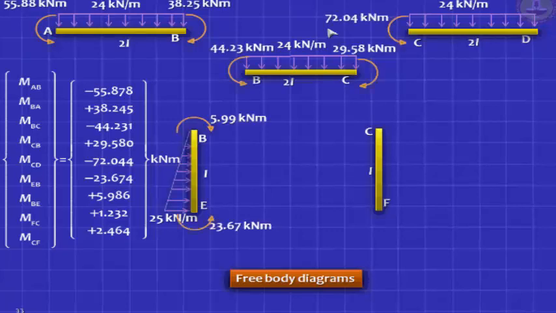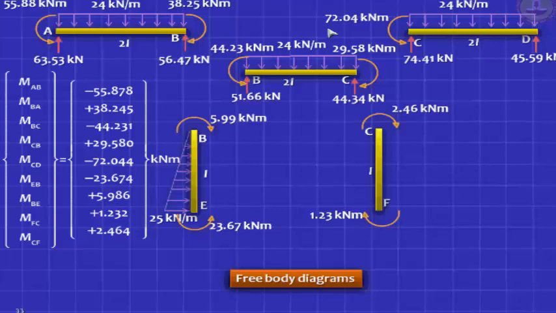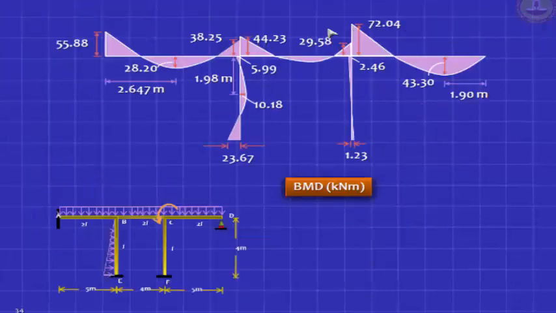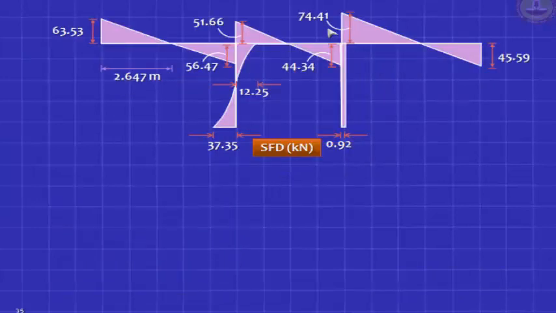It's solved in the book also. And you can find your shear forces, etc. Okay, so this can be done. I'm interested in the bending moment diagram. And this is what it will look like. Okay, we move on. You can draw the shear force diagram and axial force diagram also if you wish.